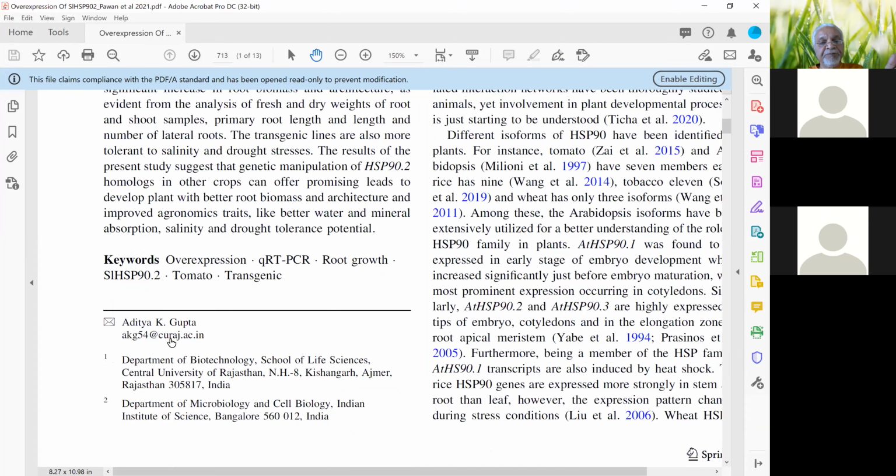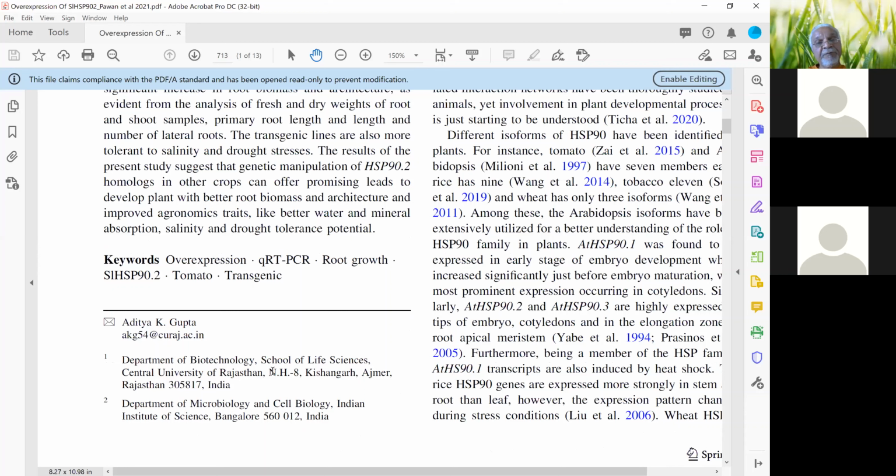For example, since I communicated, this is my email address, and three of us belong to this department, Central University of Rajasthan, and one of the authors was with me as a postdoc, and right now she's in IISc Bangalore. So we have to give her current affiliation as this.